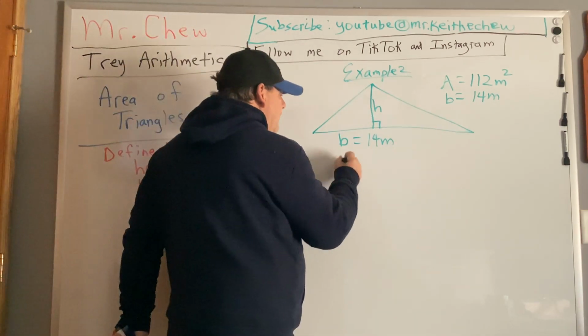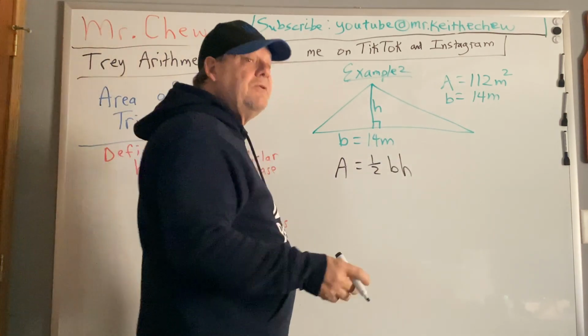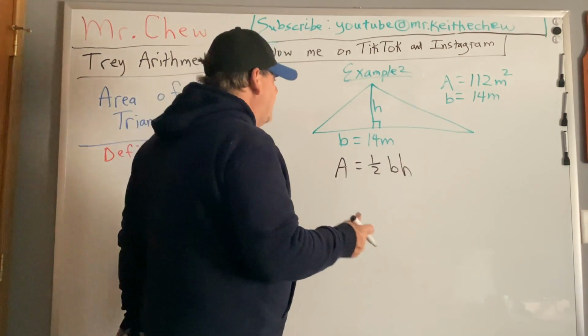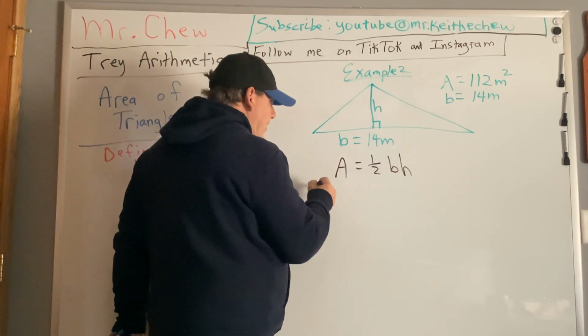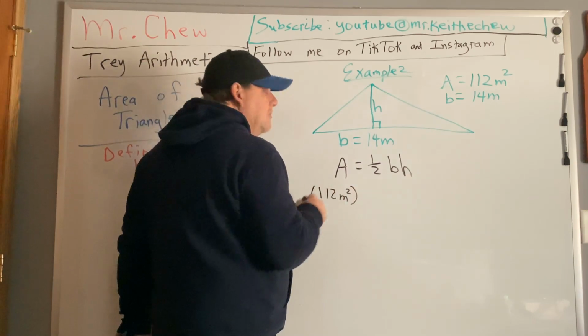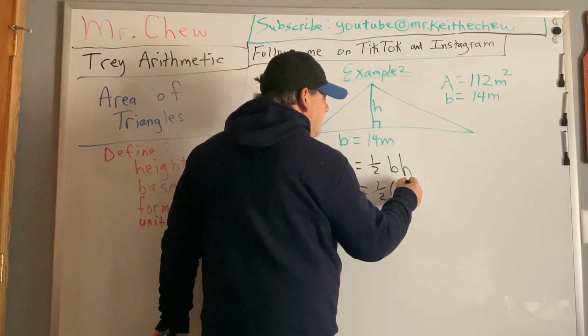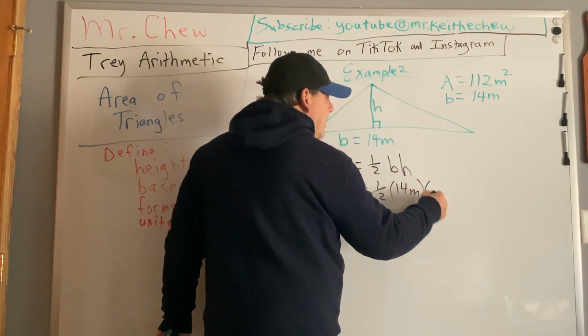So I have to use my formula and substitute and then solve the equation using basic algebra. So I know the area is 112 meters squared. So I plug that in. Equals 1/2. I know the base is 14 meters, but I don't know the height.